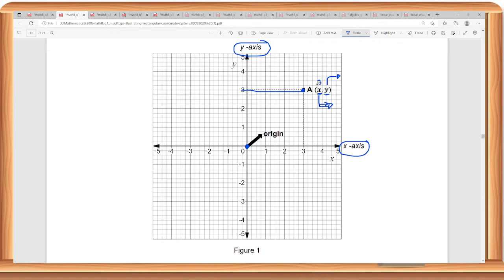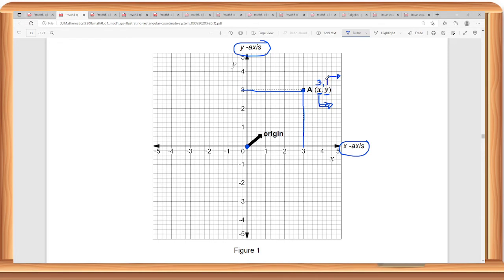The x coordinate always comes first, followed by the y coordinate, which is the vertical distance of the point. So here, this is the vertical distance, and counting it from 0, we have 1, 2, 3.